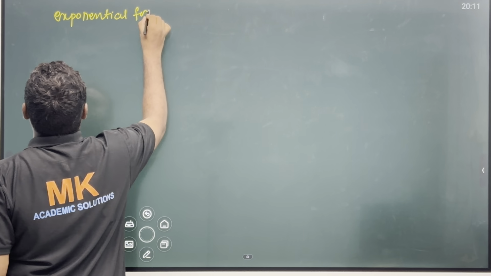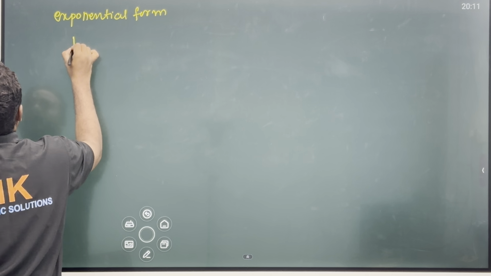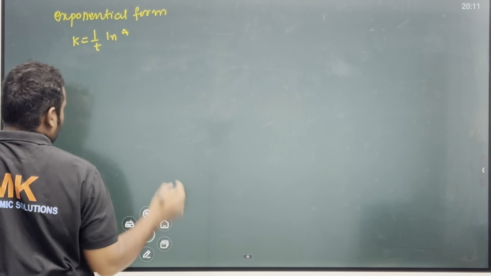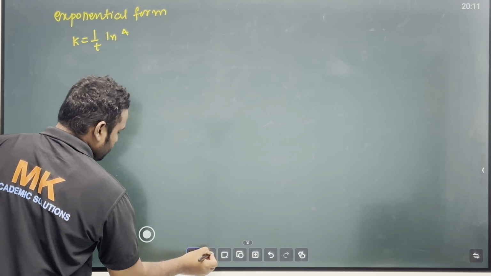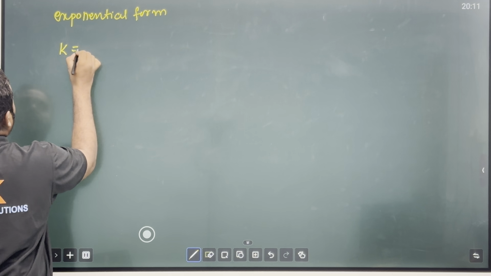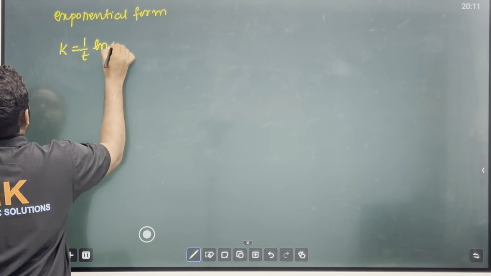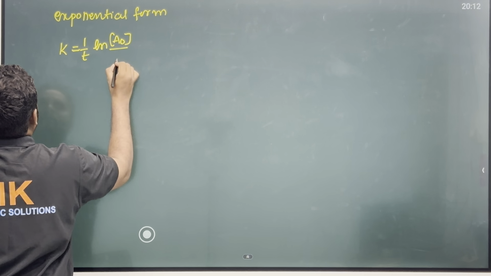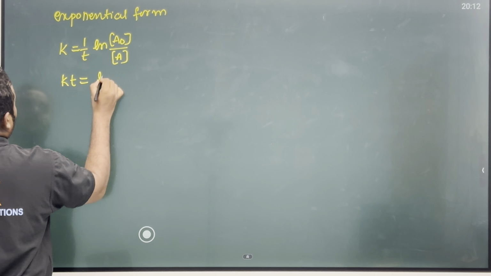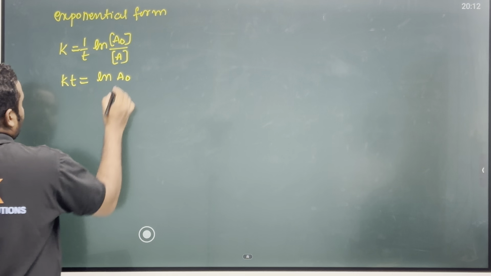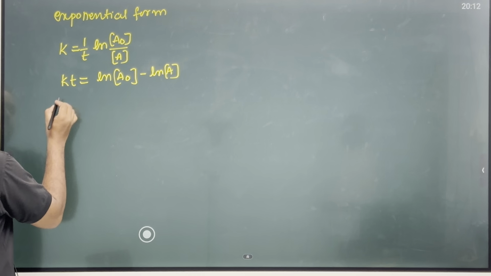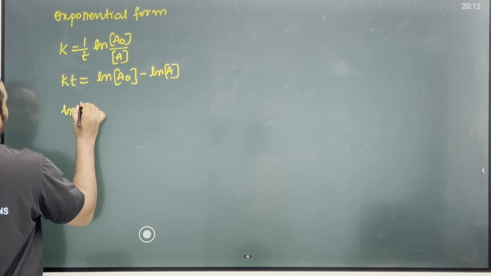We know that k is equal to 1 by t ln A naught by A. So we write kt is equal to ln A naught minus ln A.